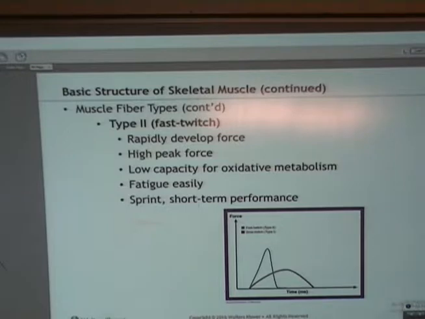The problem with type 2s is that they're not so good at using oxygen. And some of them are really, really bad at using oxygen. So they get fatigued very quickly because they're working anaerobically, and once they're outside that ATP-PC system, they're throwing out hydrogen ions, and we're getting some lactic acid, and those hydrogen ions are turning the environment acidic, so we see fatigue very quickly in type 2 fibers.